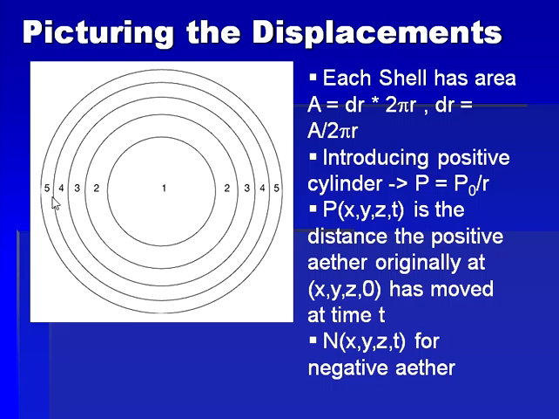You can think of this as being similar to placing a cylindrically shaped water balloon into a bathtub full of water. The water in the balloon will push the bathtub water out of the way, moving the bathtub water out radially. In the ether model, we are envisioning placing a cylinder of detached positive ether into our attached ether, and it will move the attached positive ether radially outward.